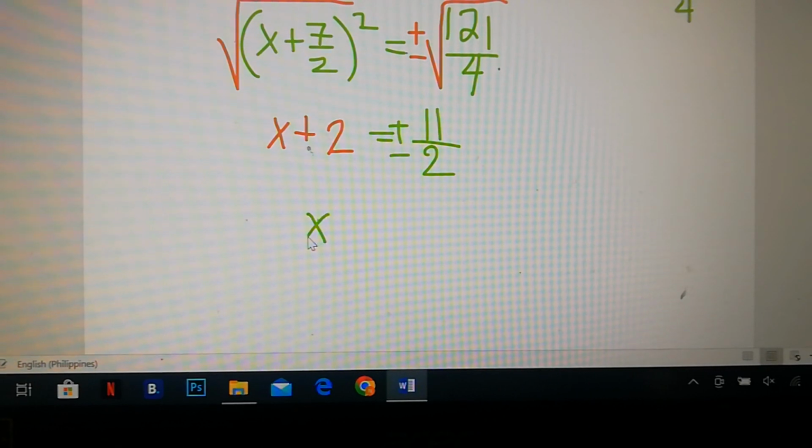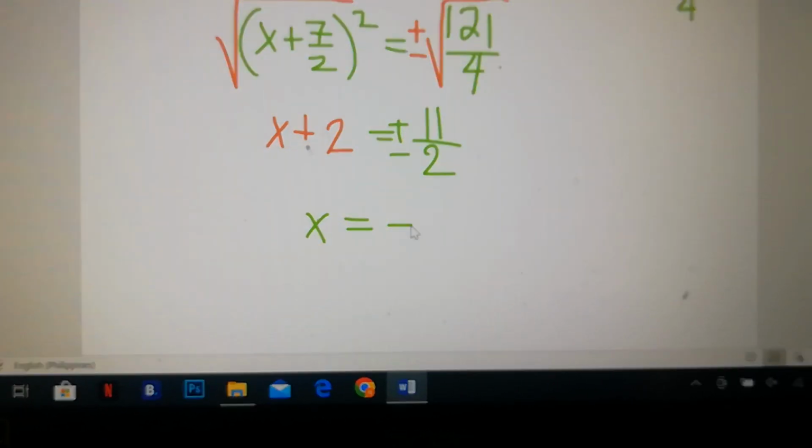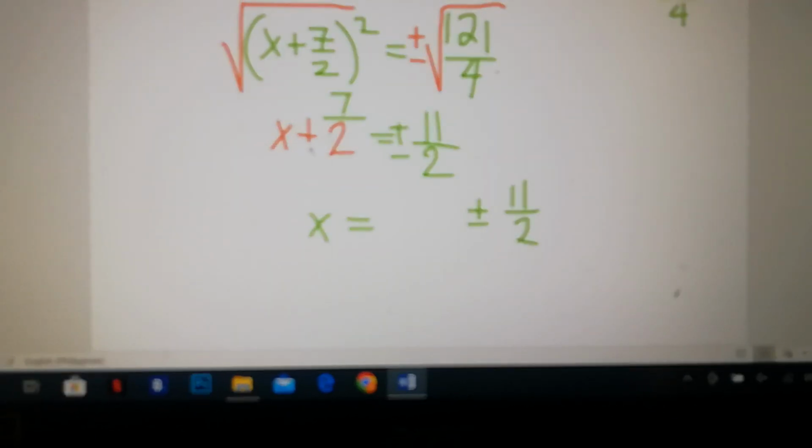So x therefore is equal to negative 7 over 2 plus or minus 11 over 2, if you transpose positive 7 over 2 to the right side.